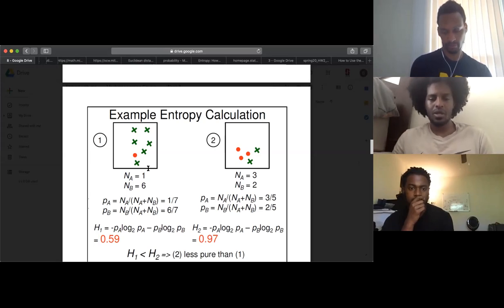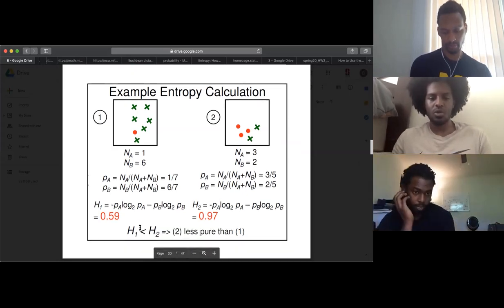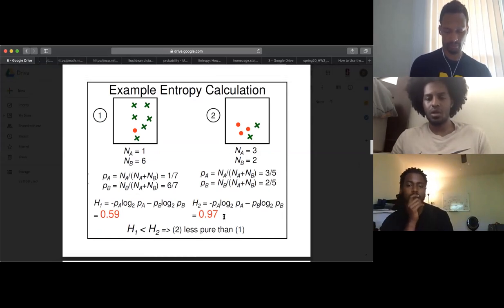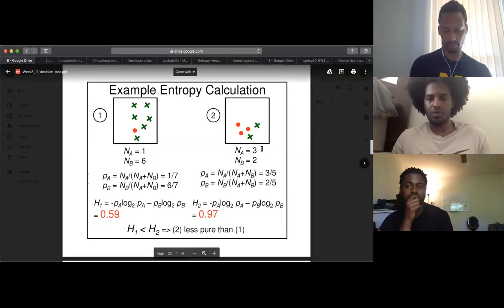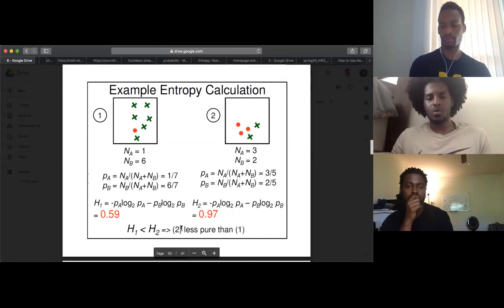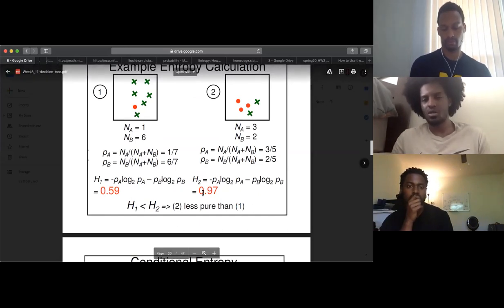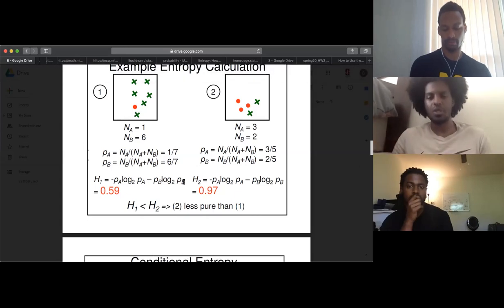You calculate the entropy H1, and that gives you 0.59. You calculate the entropy H2, and for this distribution you get 0.97. And so H1 is less than H2, so 2 is less pure than 1, which you can see just from the visual depiction.